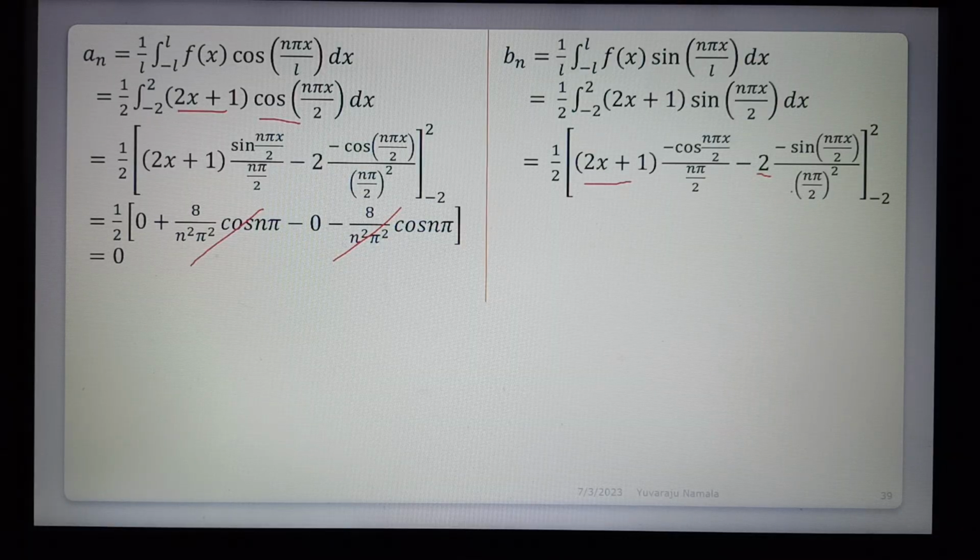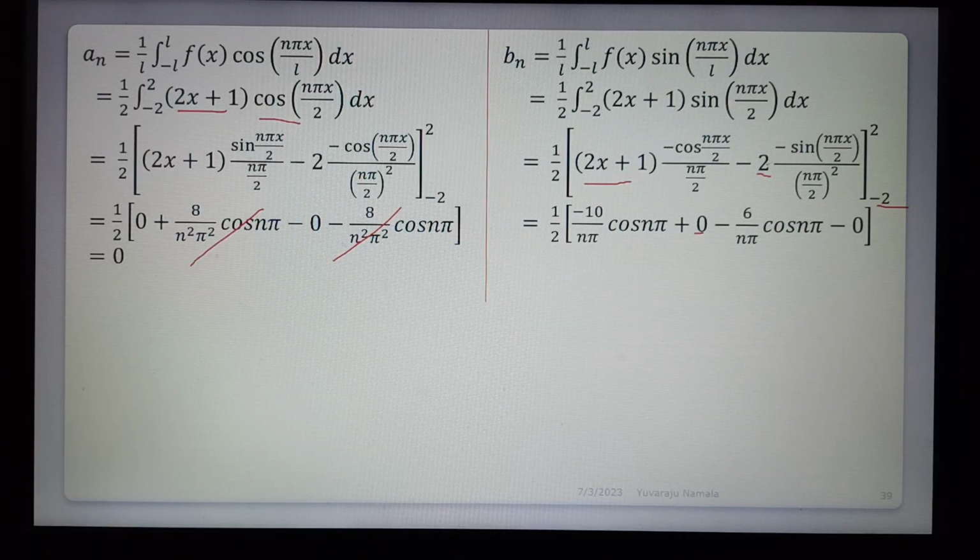So that is equal to, substituting the upper limit first, 1 by 2 into 2 into 2 is 4 plus 1, 5 into 2 is 10, 10 by n pi, here minus cos n pi, sin n pi is 0. Lower limit, minus 2 substituting, so minus 4 plus 1 is minus 3, into 2, minus 6 by n pi into cos of minus 2, that is cos n pi.